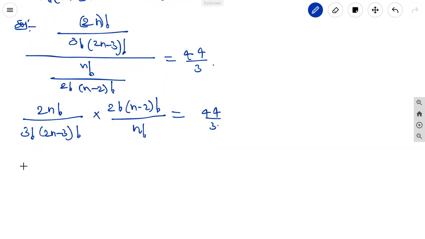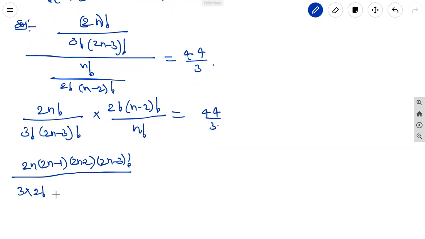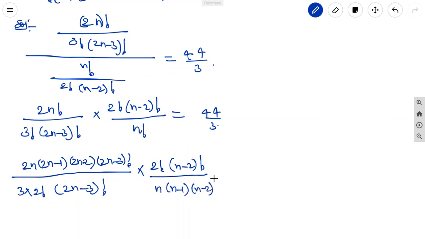Here, 2n factorial can be written as 2n into 2n minus 1 into 2n minus 2, 2n minus 3 factorial by 3 factorial, which can be written as 3 into 2 factorial into 2n minus 3 factorial into 2 factorial into n minus 2 factorial. n factorial can be written as n into n minus 1 into n minus 2 factorial, equal to 44 by 3. n minus 2 factorial, n minus 2 factorial cancel. 2n minus 3 factorial, 2n minus 3 factorial cancel.